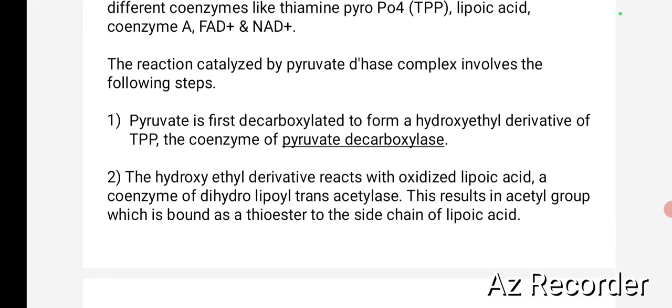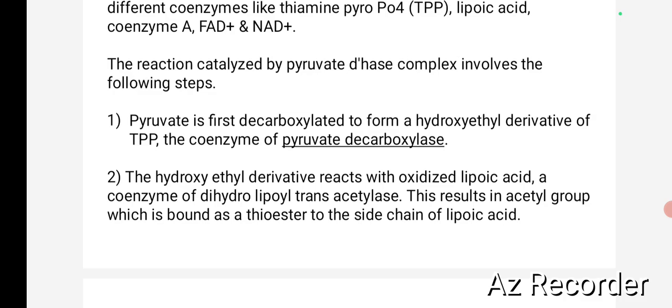First, pyruvate is decarboxylated to form a hydroxyethyl derivative of thiamine pyrophosphate, the coenzyme of pyruvate decarboxylase. Second step, the hydroxyethyl derivative then reacts with oxidized lipoic acid, a coenzyme of dihydrolipoyl transacetylase.